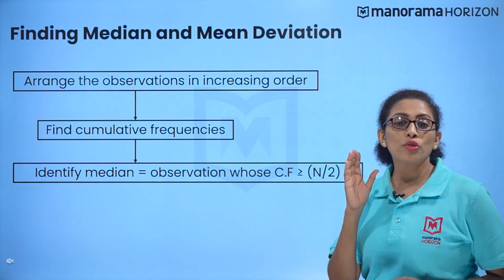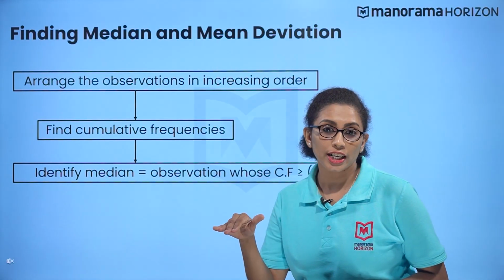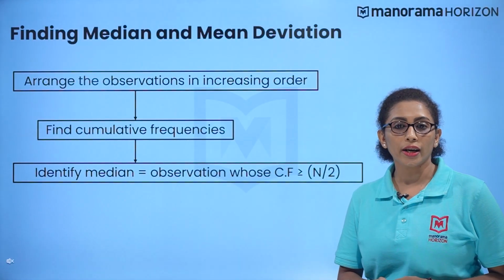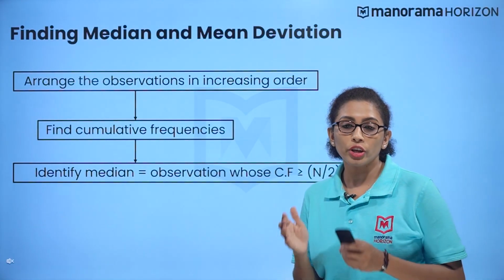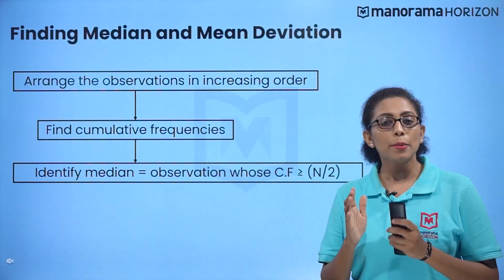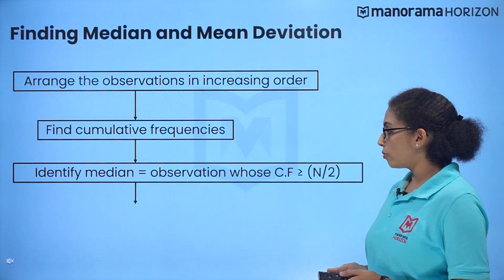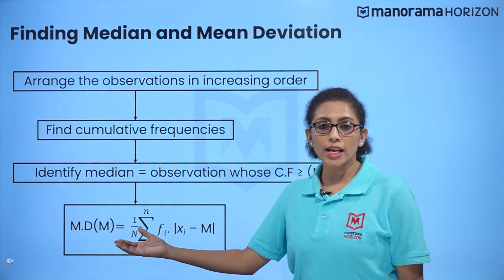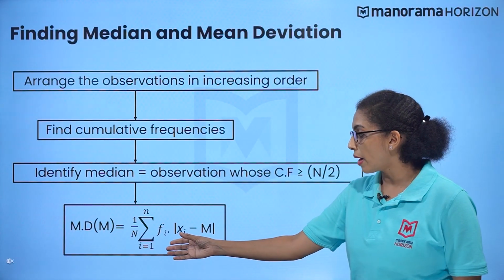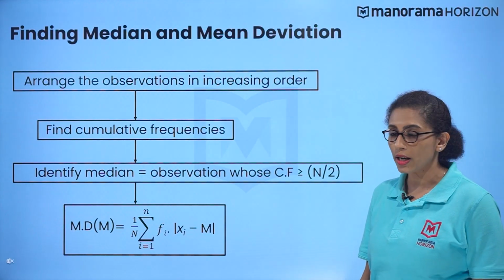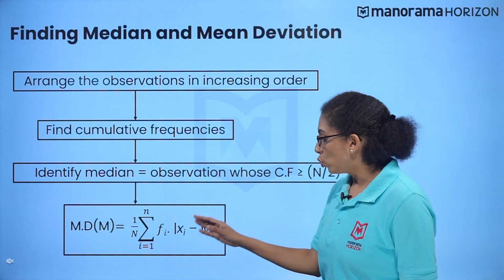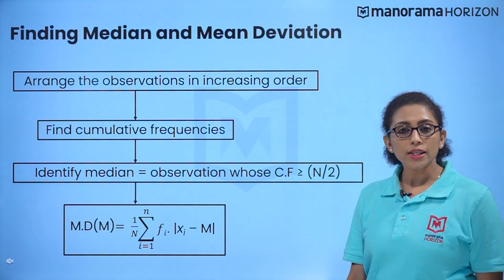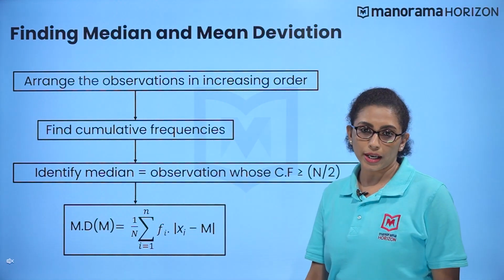This value of the observation lies in the middle of the data, which is the required median. After finding the median, we use the formula to find the mean deviation, and the formula is mean deviation with respect to median is equal to 1 by n summation i equal to 1 to n fi into modulus of xi minus M, where M is the median.